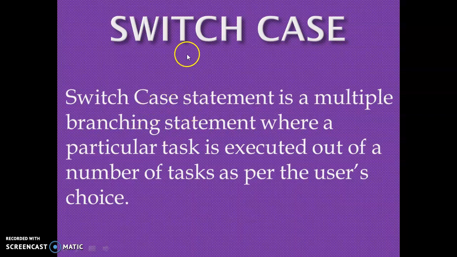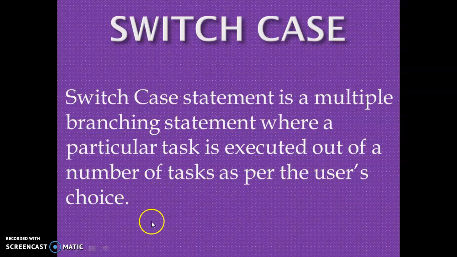In switch case, there are not only two branches, here there is multiple branching. Multiple branching means at a time you can give lots of conditions, and according to that, one particular task is executed out of a number of tasks as per the user's choice.